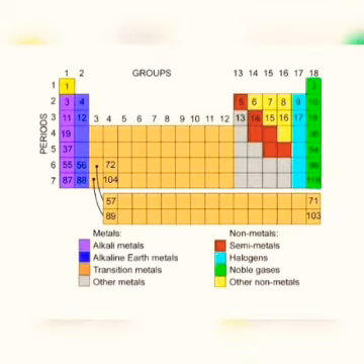Then 18 groups are arranged vertically, that is, from top to bottom. This is the two categories of arrangement of elements in a periodic table: 18 groups and 7 periods.